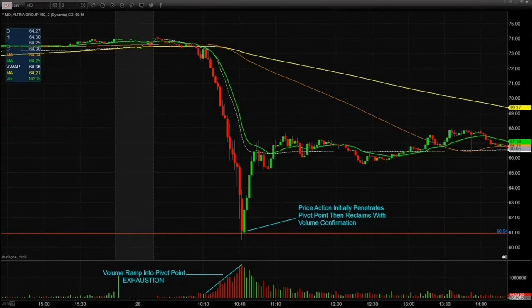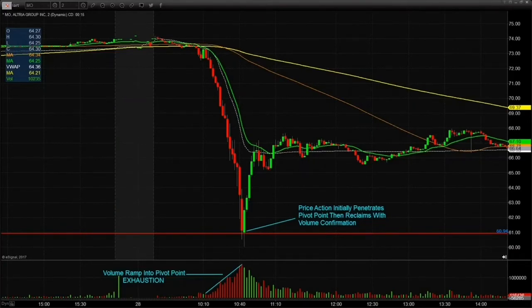And remember, we talked about how volume can do three things: confirm price breaks, confirm trend, and also tell you exhaustion or price reversals, where you can very clearly see a volume ramp.